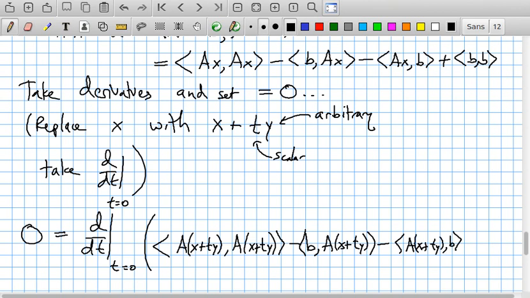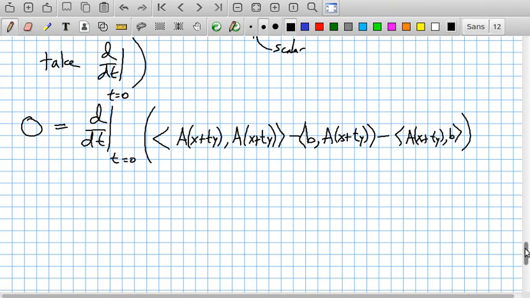Anyway, that's just going to go away when we're taking derivatives, so we can drop that right off. Okay, you can see things are going to get a little heinous real quick, in fact. But it's not too bad.